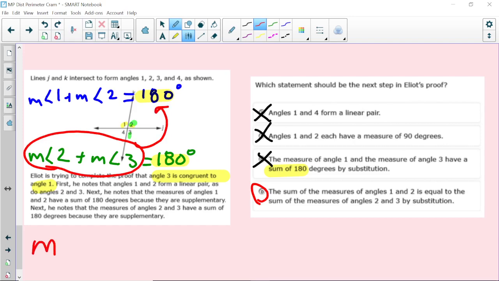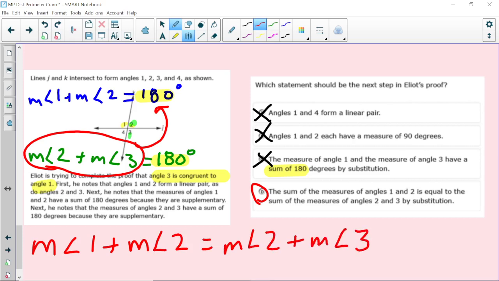I can say the measure of angle 1 plus the measure of angle 2 equals the measure of angle 2 plus the measure of angle 3. Because they both equal 180, they can be set equal to one another. That makes sense to me, so D is our correct next statement.